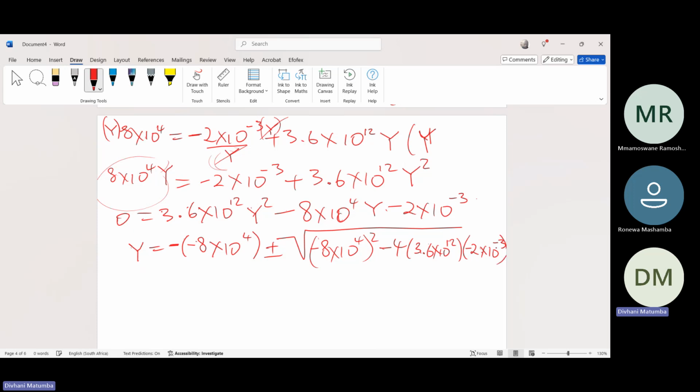So immediately you can see that here we will have a minus times a minus, which will give us a positive. And all over 2a, which is 2 times 3.6 times 10 to the power of 12.